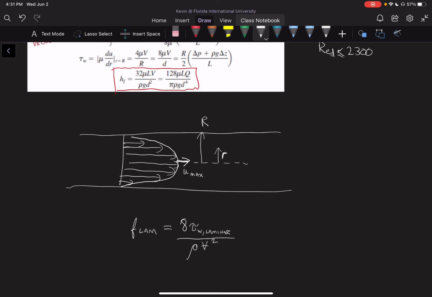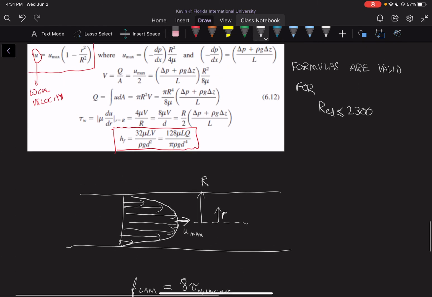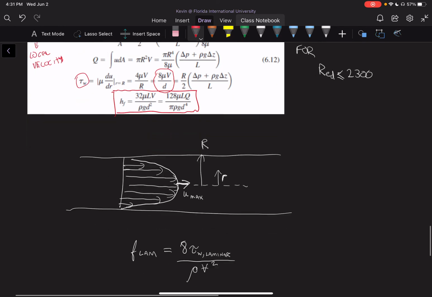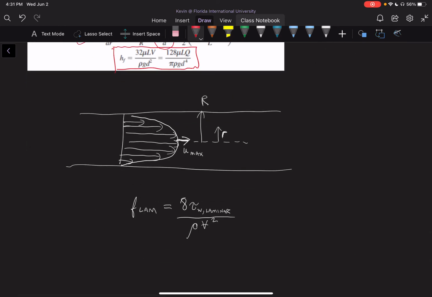And we see that tau w for laminar flow is given right here, and we see that it's equal to 8 mu V over D. So we can actually plug that in. So we can say that F laminar is equal to 8 times 8 mu V over D over rho V squared.